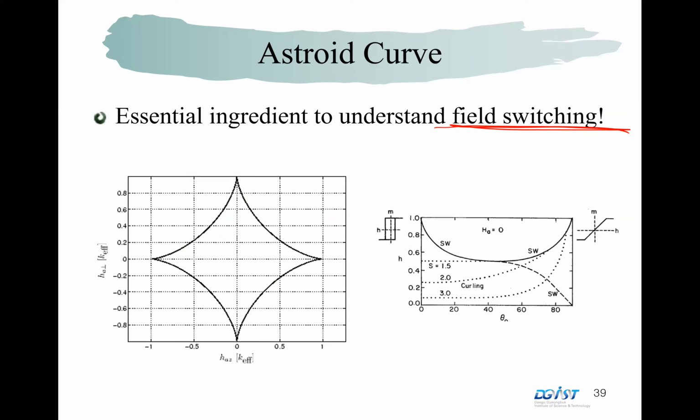And this curve is valid only for the single domain model, the coherent rotation model. In this Stoner-Wohlfarth model, the switching field as a function of theta has this form, so we have a minimum at 45 degrees. But in reality, some incoherent rotation is involved, and there is some other structure, but we don't need to pay attention to that. Just pay attention to this Stoner-Wohlfarth model.